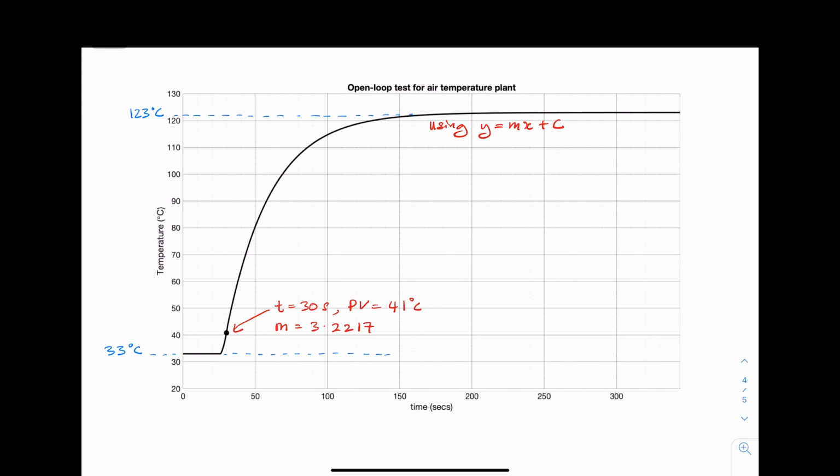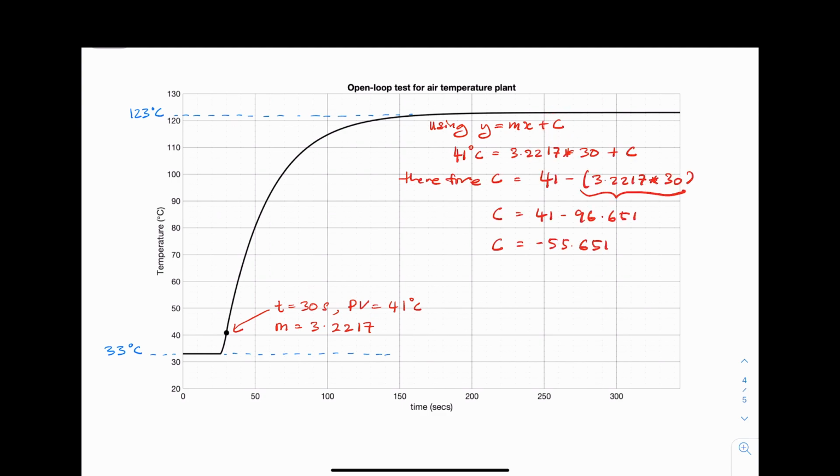Substitute y with the PV value 41 degrees Celsius, m with 3.2217, and x with t equal to 30 seconds, then we can get c. Therefore, we got c equal to negative 55.651.